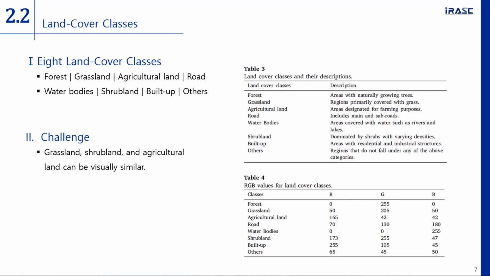However, some classes can be easily confused, especially grassland, shrubland, and agricultural land, under different seasons or image conditions. These vegetation-related classes may have similar color or textures. Therefore, this paper is not a simple binary classification task. It's a multi-class semantic segmentation task.